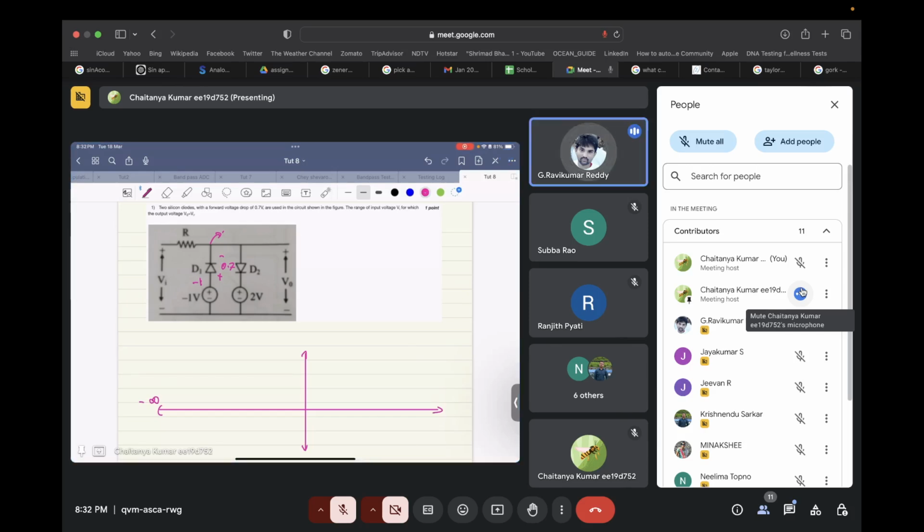Top voltage and bottom voltage are in reverse, right? The P side is positive, this diode is forward biased in the top direction. So this voltage will be plus, this voltage will be plus, and this voltage will be minus, right? The current will be flowing in this direction, right?